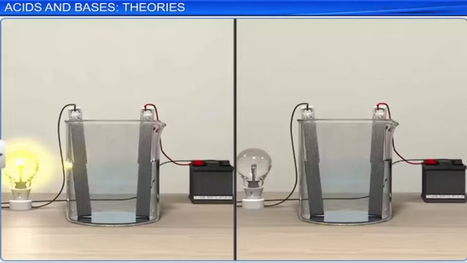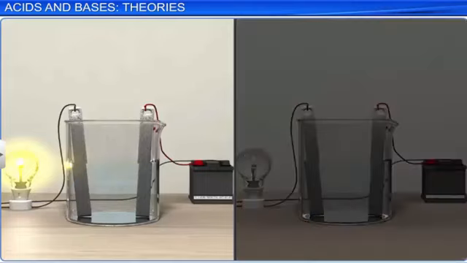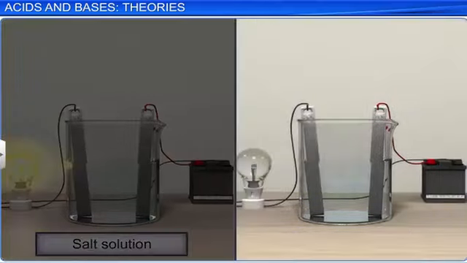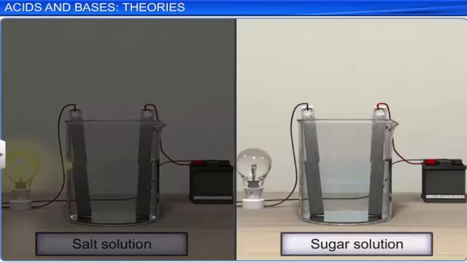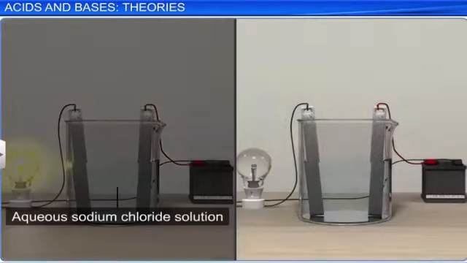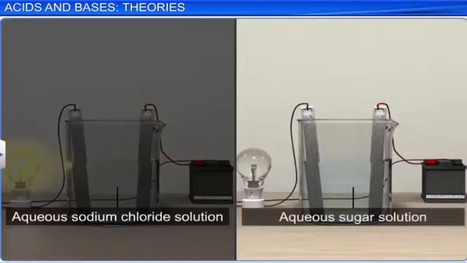Obviously, the beaker indicated by the glowing bulb contains the salt solution, and the other beaker, where the bulb is not glowing, contains the sugar solution. Substances like sodium chloride, which conduct electricity in their aqueous solutions, are called electrolytes, and molecular compounds like sugar, which do not conduct electricity, are known as non-electrolytes.